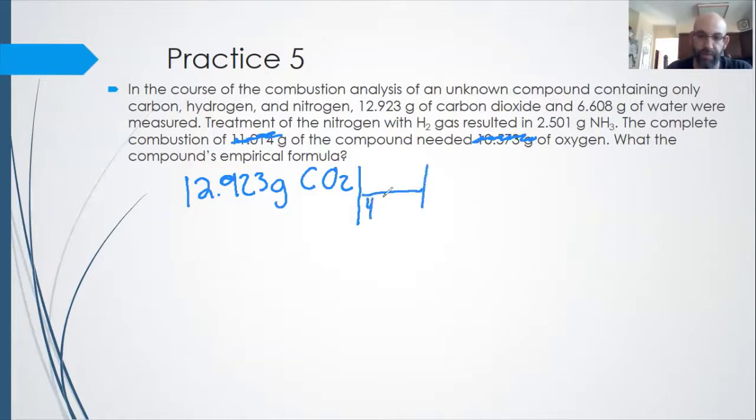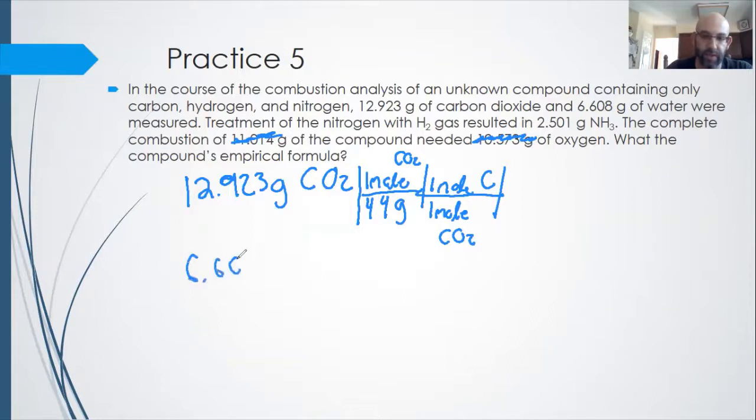We first divide it by its molar mass. So this is moles of CO2. Okay. And then if we look at the compound, for every 1 mole of CO2, we get just 1 mole of carbon. We're going to do the same thing again. So we have 6.608 grams of water.